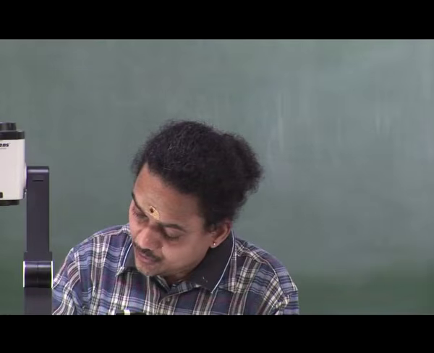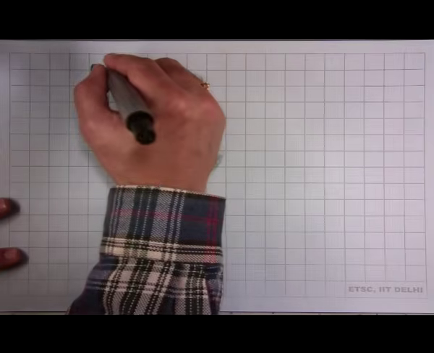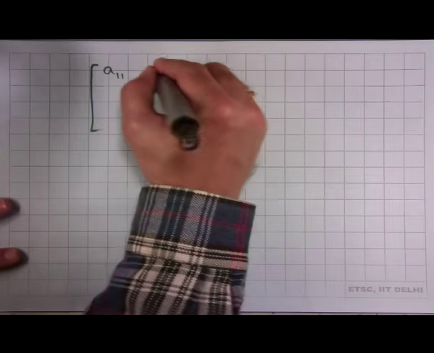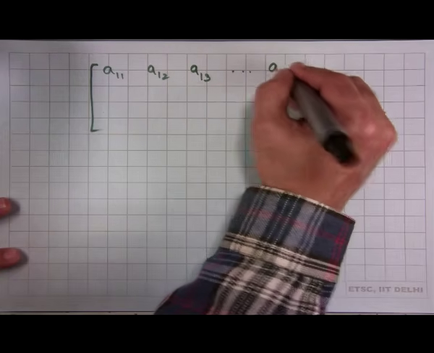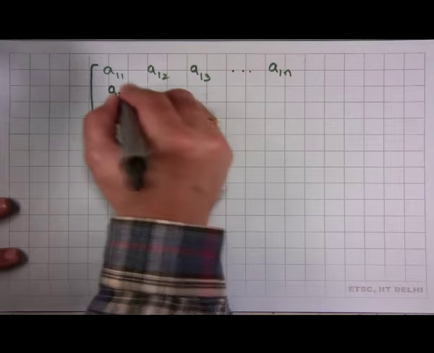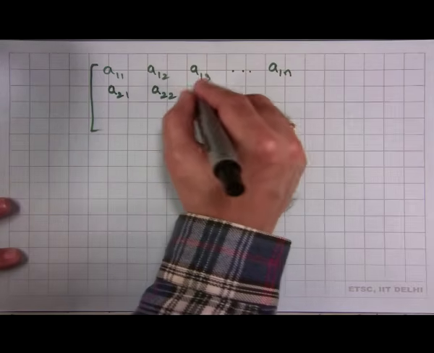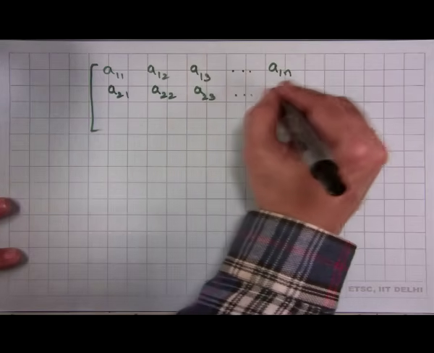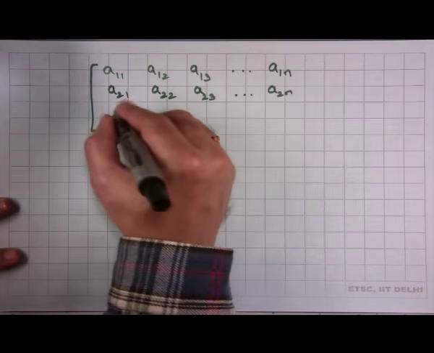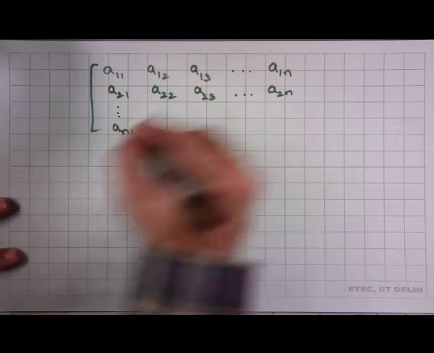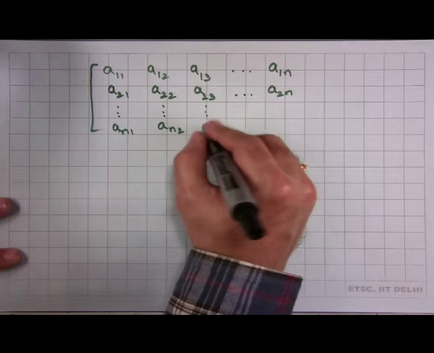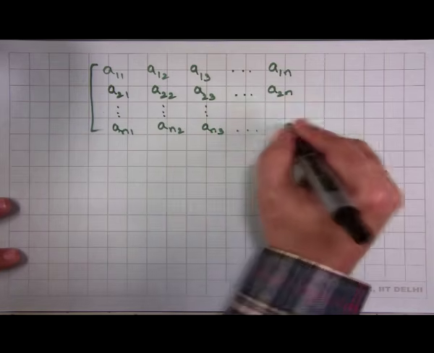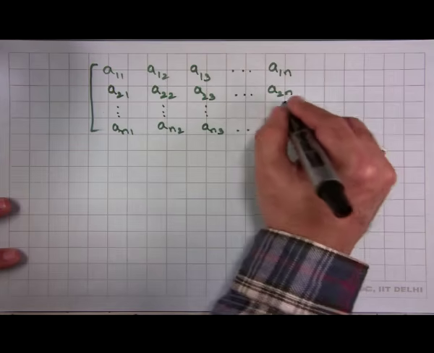So, if you have a square matrix A11, A12, A13, A1n, A21, A22, A23, A2n, and it goes up to AN1, AN2, AN3, ANN, right.